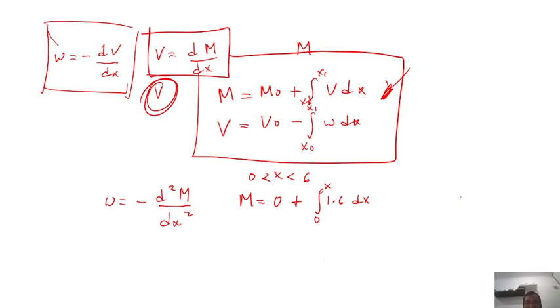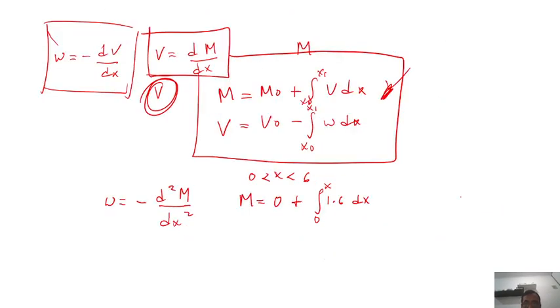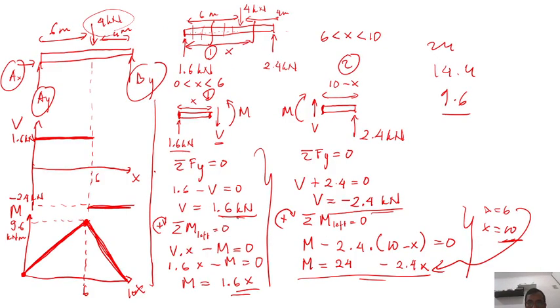What we will have here will be 0 plus the integral of 1.6 dx, which will be 1.6x, and the limit will be 0 to x. In this case, our result is 1.6x. You can see here, it is exactly the same as this one.